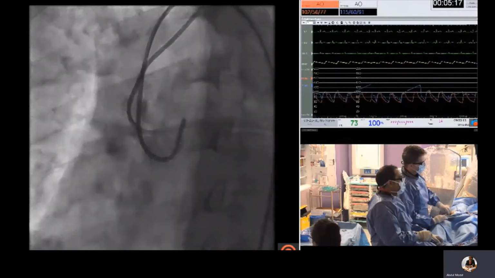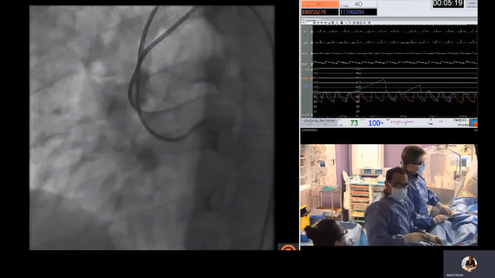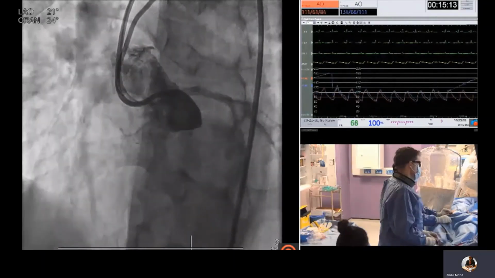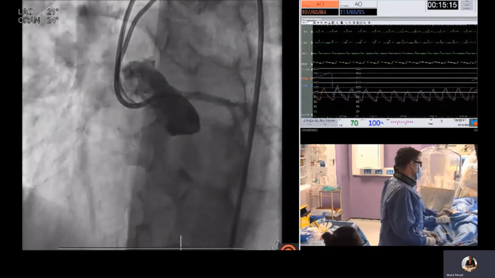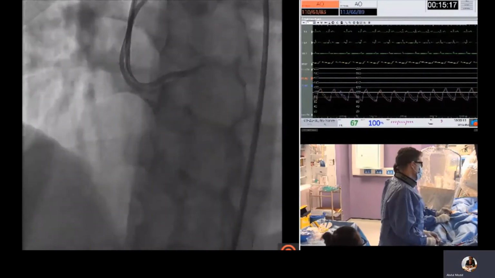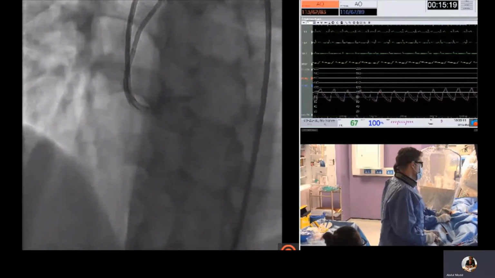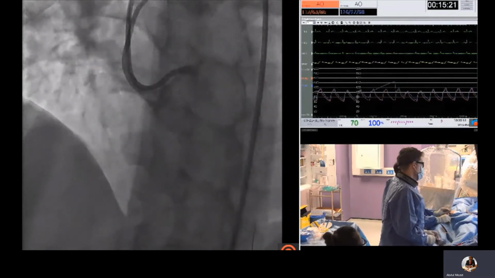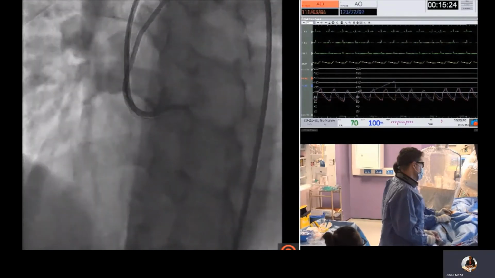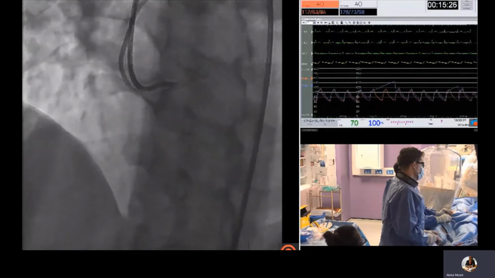Again, it was difficult to try and engage the right coronary artery initially. We can see non-selective images demonstrating the right coronary artery, but again, it was difficult to wire and integrate.